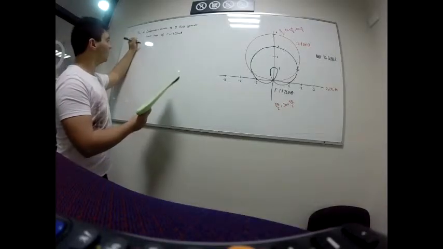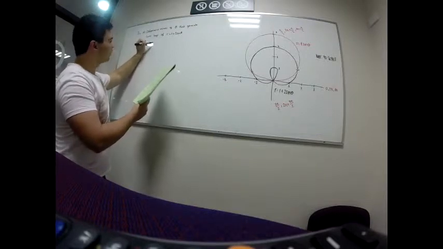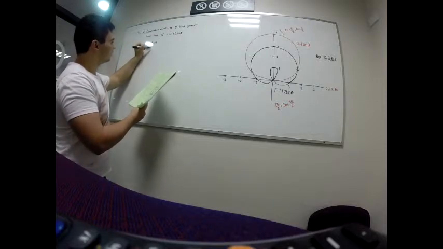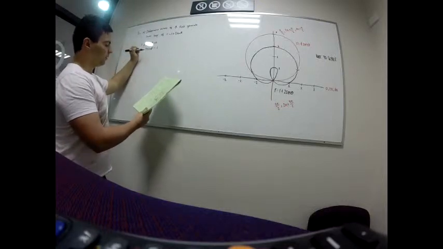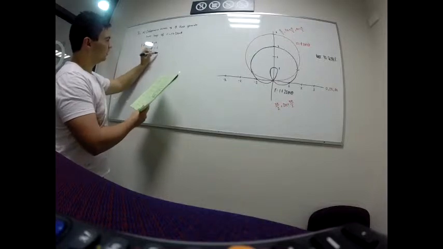So first we'll go about solving that. So 1 plus 2 sine theta equals 0. You'll get 2 sine theta equals minus 1, and sine theta will be minus a half.